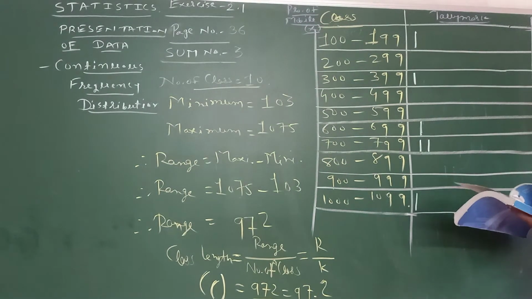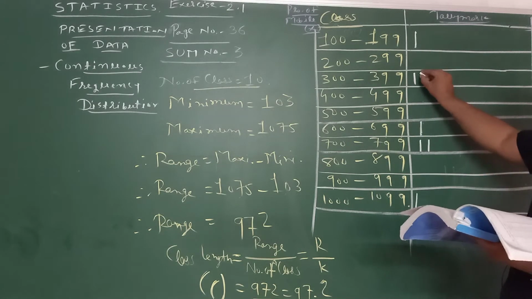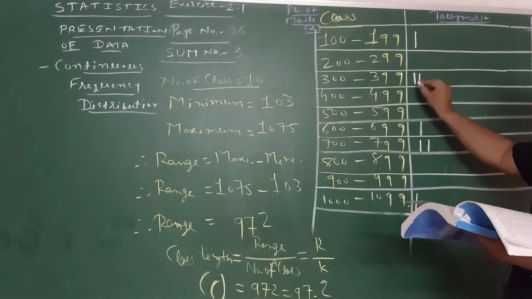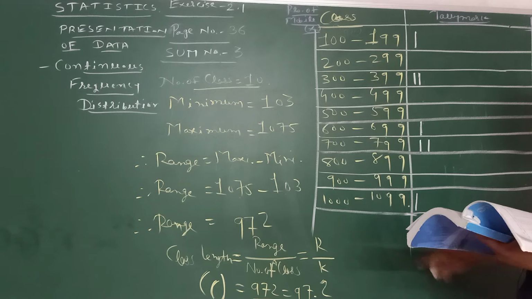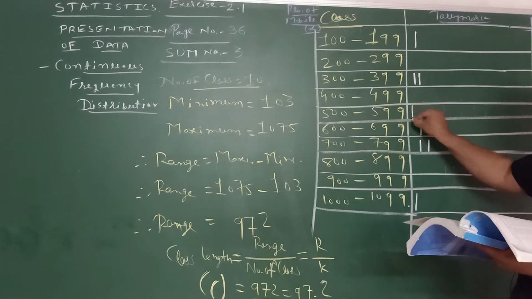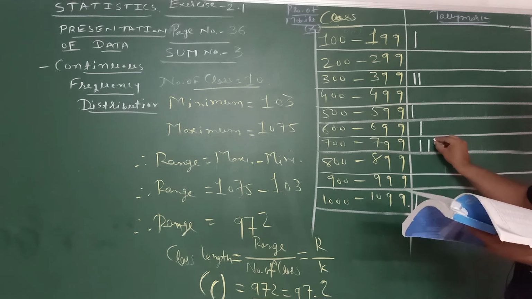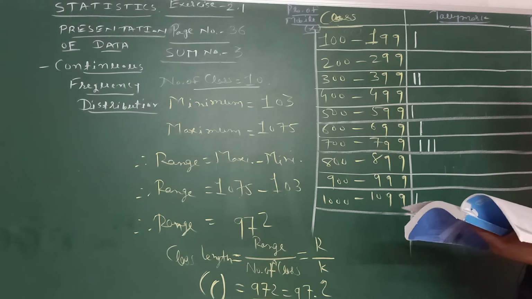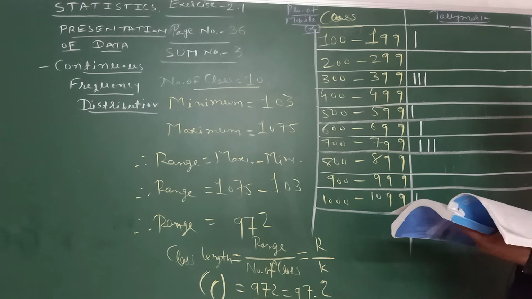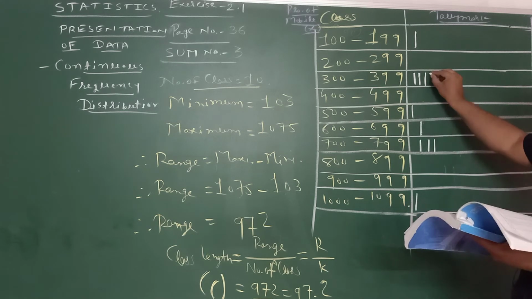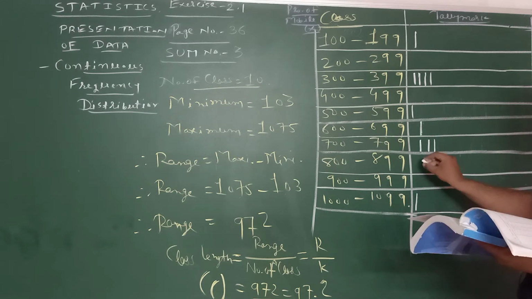Now we take second column: 380, 595, 785, 399, 389, 825.